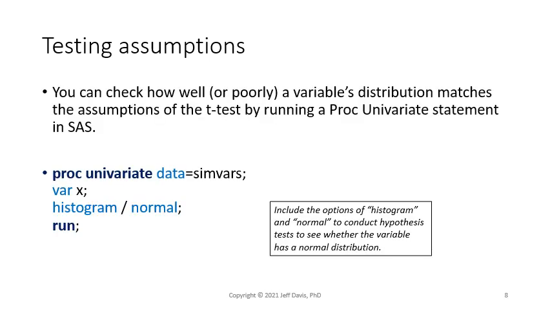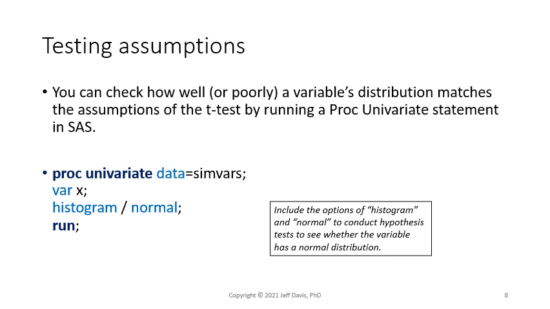So one of the ways you can test the assumptions about the variable's distribution, again, the t-test assumes your variable is normally distributed, is to simply run a Proc Univariate. You can set it up very simply like this: Proc Univariate, data equals whatever data set name you have.